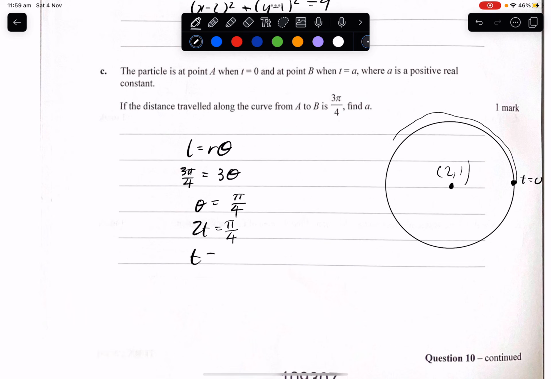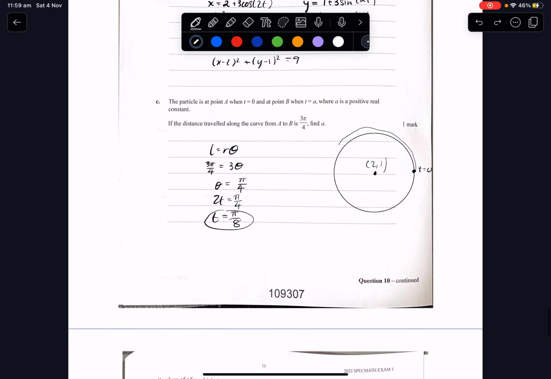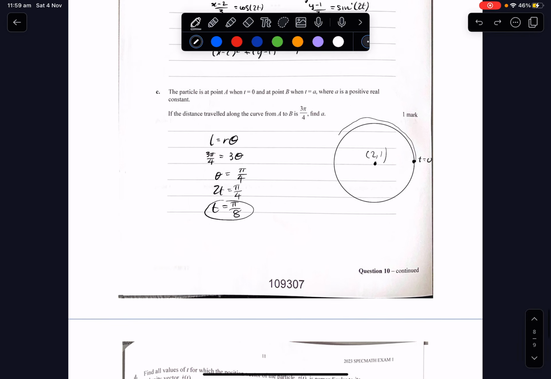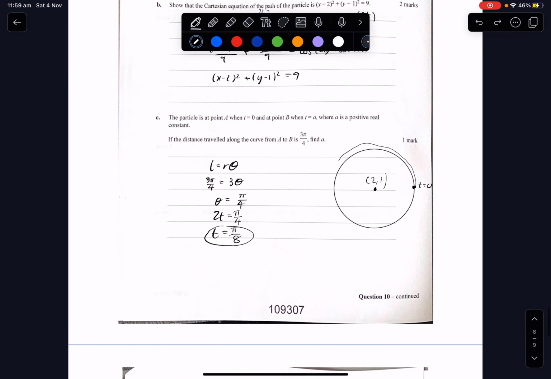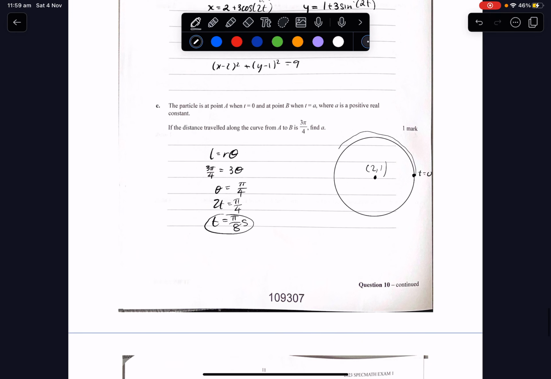And that means t is equal to pi on 8. So I think a lot of students might leave the answer as pi on 4 for this one. It's a, sorry, not t.